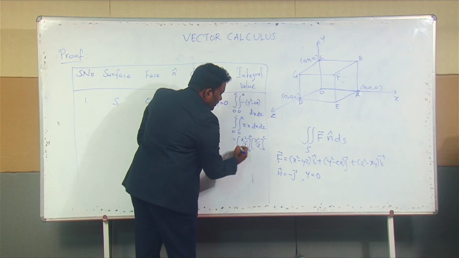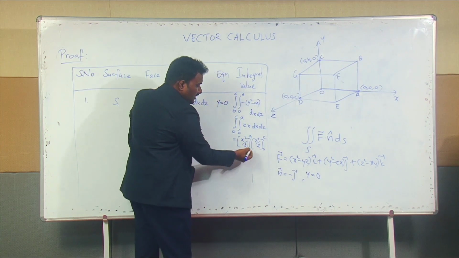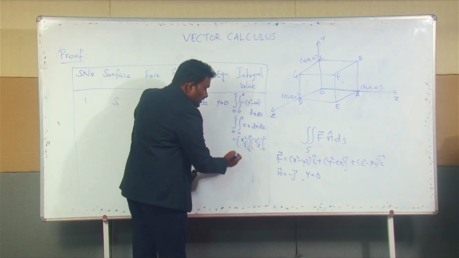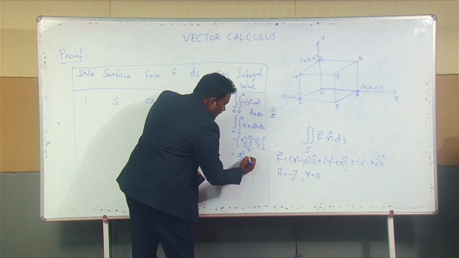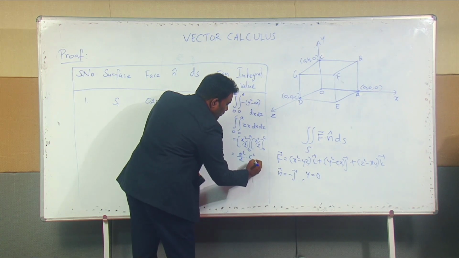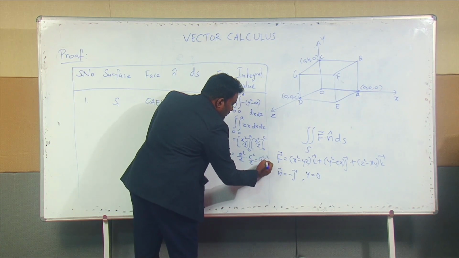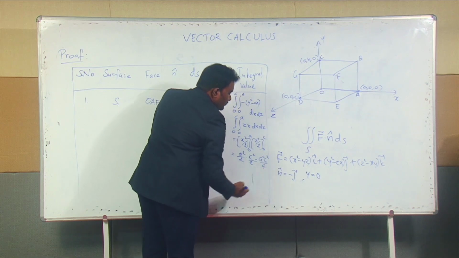When you apply the respective limits, 0 to a for x and 0 to c for z, it becomes a square by 2 and c square by 2. So, on the whole it is a square c square by 4.